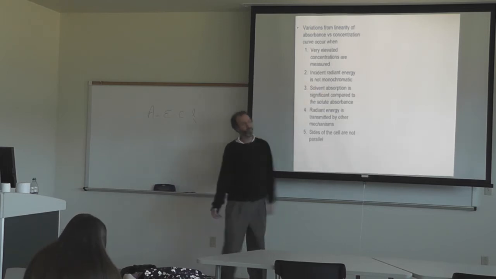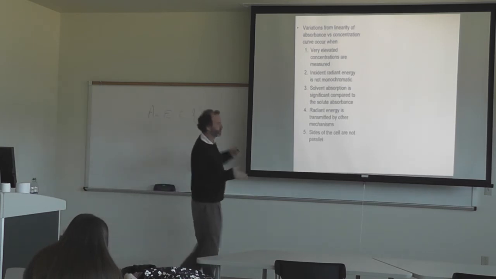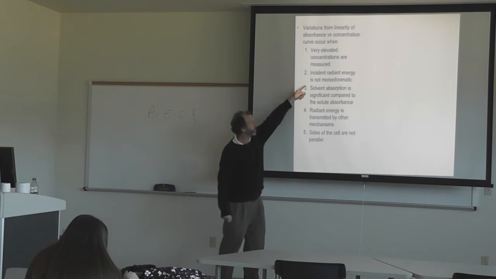Well, you could have leakage coming in. Normally when you're doing this, you want one wavelength, but not all of the machines will have just one. You could have a broad bandwidth, and then when you're detecting, you're going to detect more than that, so it might not be linear.